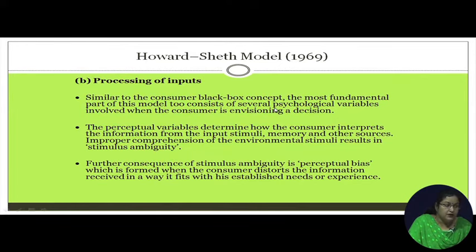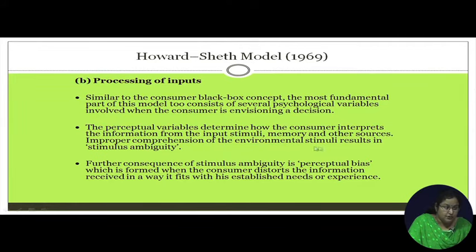Similar to the consumer black box concept, the most fundamental part of this model also consists of psychological variables which are involved when the consumer is envisioning a decision. There are 2 things: one is the perceptual variables, another is the learning constructs. The perceptual variables determine how the customer interprets the information from the input stimuli, memory and other sources.